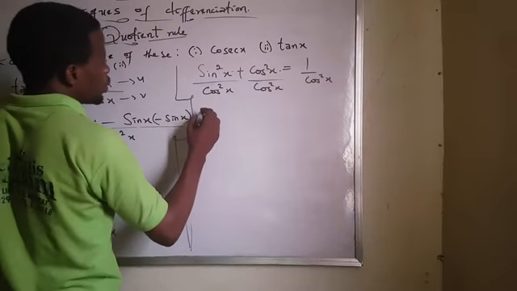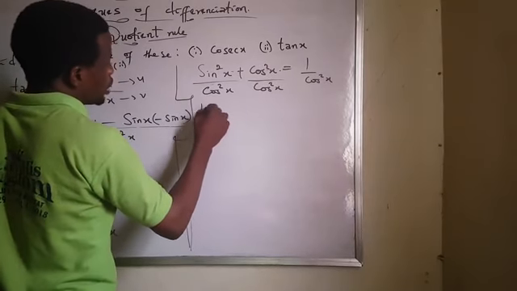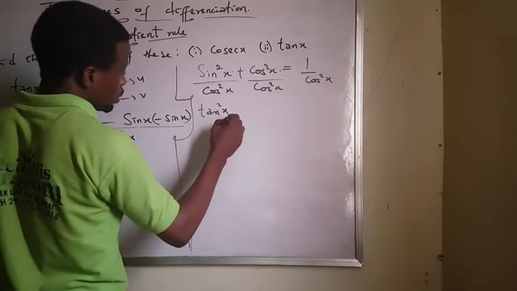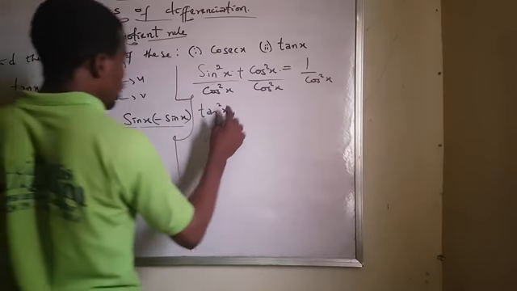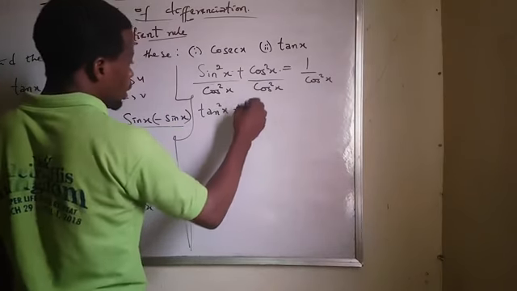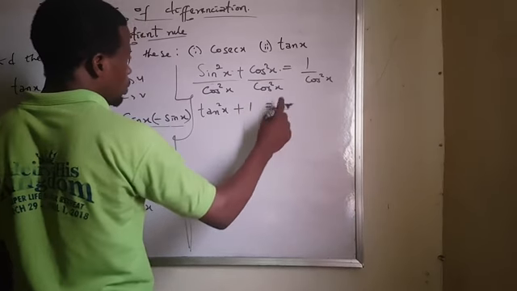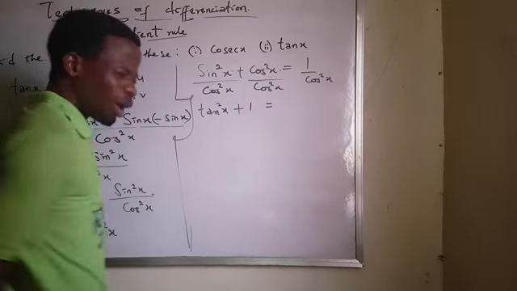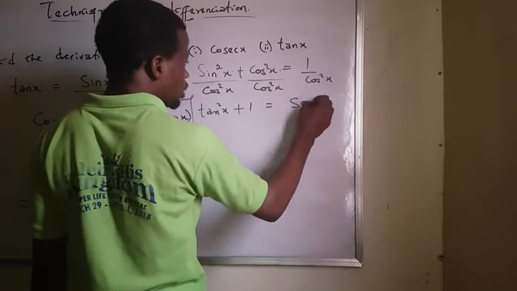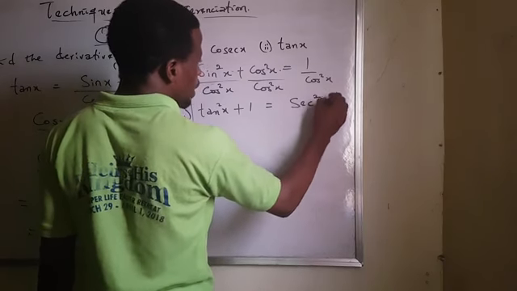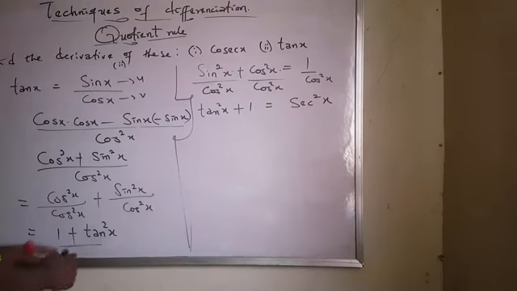So here this one will give us what? Tan squared x, plus cos square x over cos square x, that is 1. And what will this give us? This is 1 over cos square x, and that is sec square x. So this is an identity.